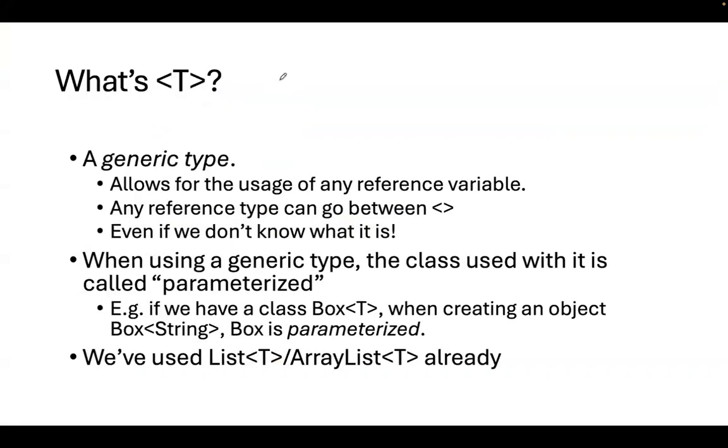So what does this mean? This is a generic type. This allows for us to use any reference variable when we're using this item. And so any sort of reference type can go in those angle brackets when we actually create the object.